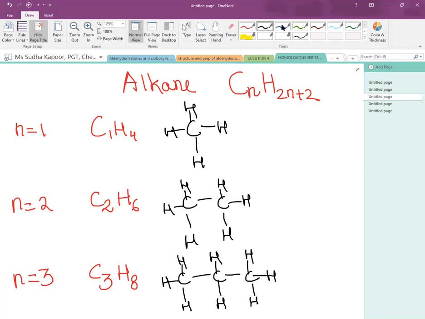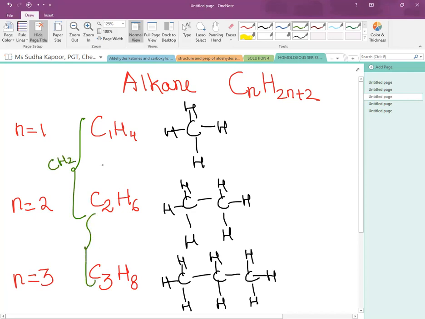We will find the same thing, that between each of these successive members there is a difference of 1 carbon and 2 hydrogen. You can see CH4, C2H6, CH2, C3H8, again CH2. So such a series in which there is always a difference of 1 carbon and 2 hydrogen, following the same formula, having similar chemical properties, is known as homologous series.